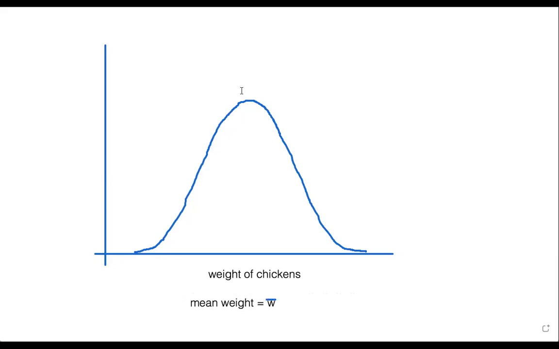And so if this is a true bell curve, if it's not skewed, then right up here we have W bar. Okay, let's say I want to breed meatier chickens. Well, I think to myself, okay, I'm going to take a cutoff point. The point of selective breeding is you pick out the individuals that you want to breed and get rid of the ones you don't. So I'm going to assign a cutoff weight. And let's say that the cutoff weight is right there.